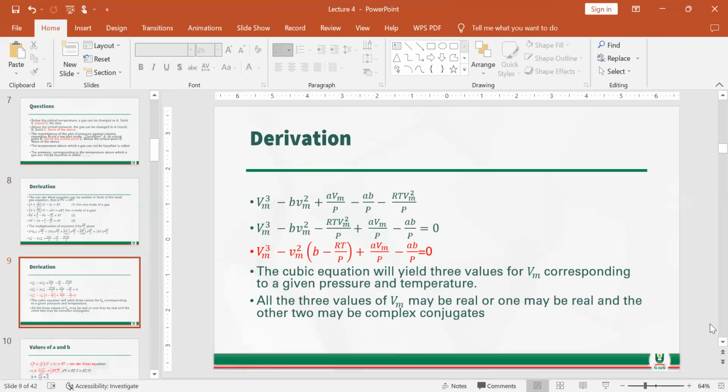The cubic equation will yield 3 values for Vm. All the 3 values of Vm, that's the molar volume, may be real, or one may be real and the other 2 may be complex conjugates.